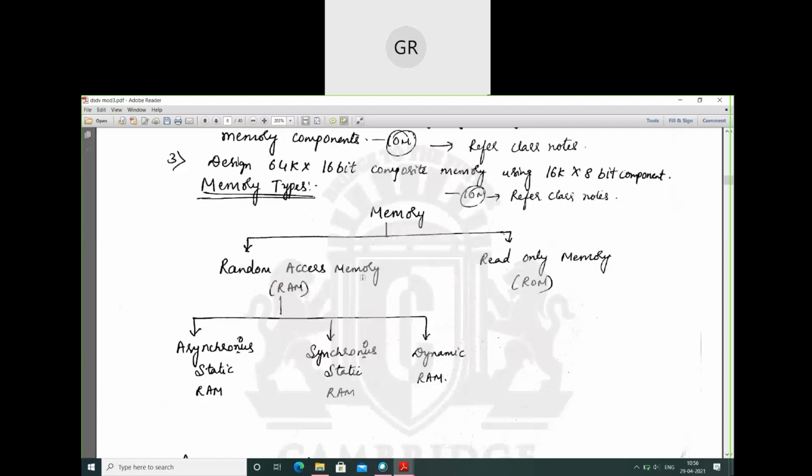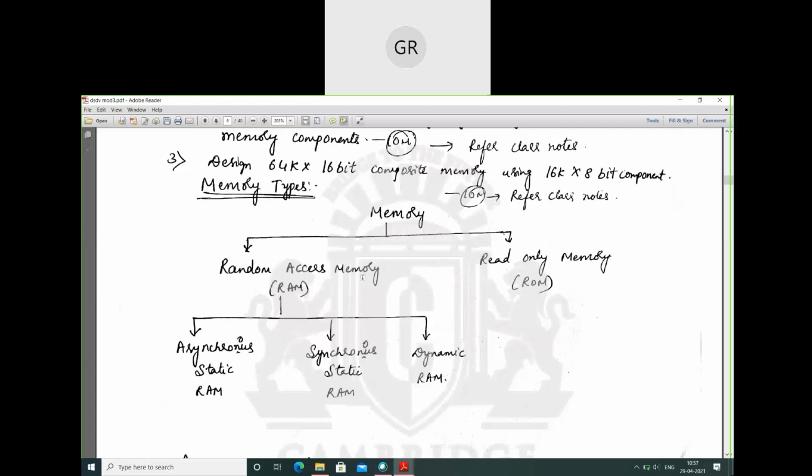Random access memory is a volatile memory. What is meant by the volatile memory? If the power is off, will it hold the data or not? No. What is the use of random access memory? It's called volatile memory. Why?